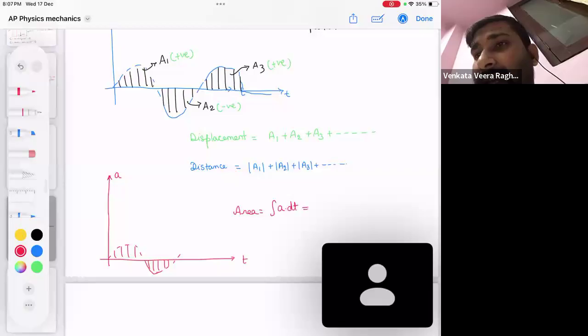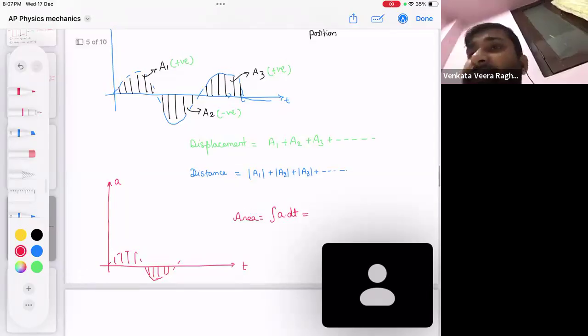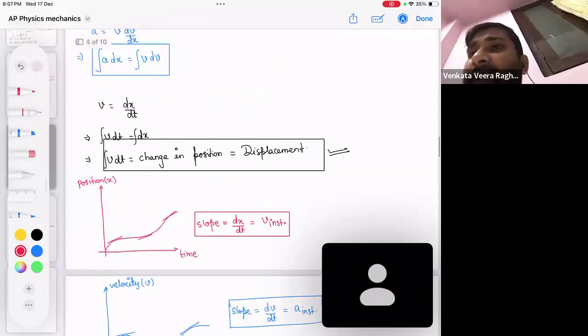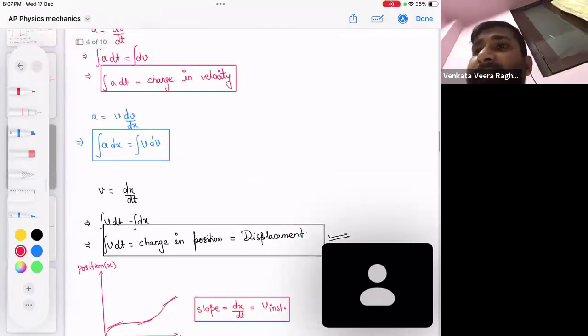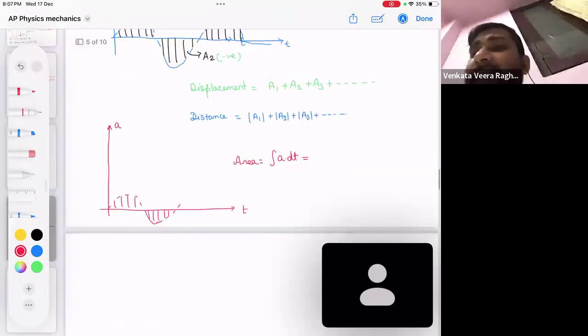And what is the integration of a dt? Check it. Did we write something like that last class? The integration of a dt is the change in velocity. Please tell me, integration of a dt is what? Change in velocity.